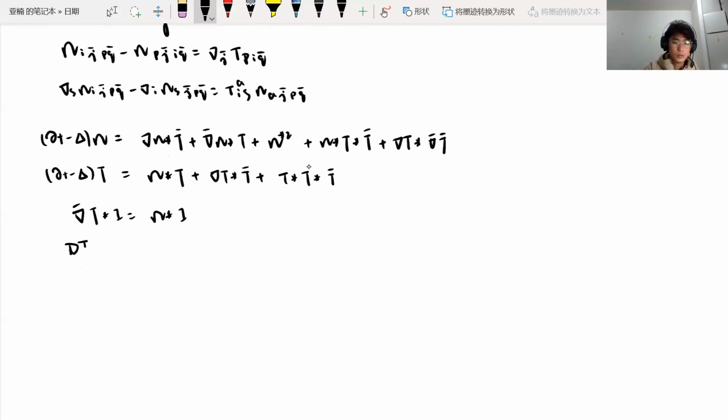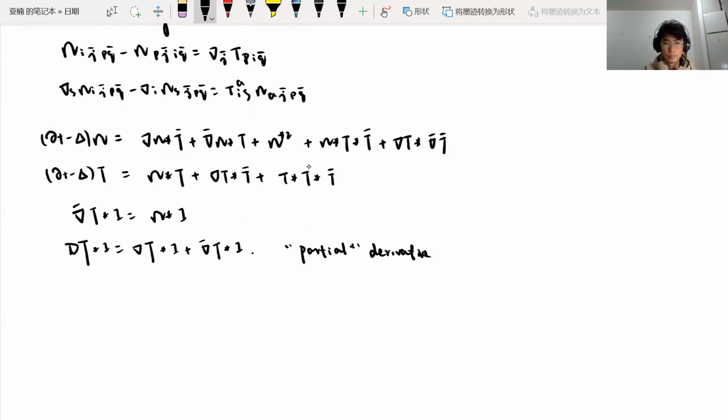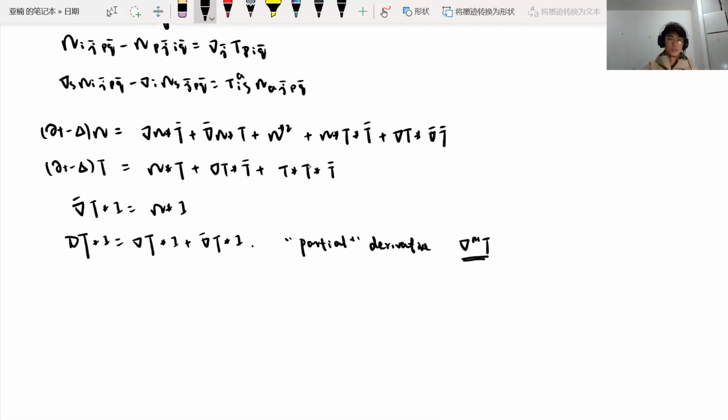So actually, we just need to estimate the total and the partial derivative. We only need to estimate this term, all the total derivative.